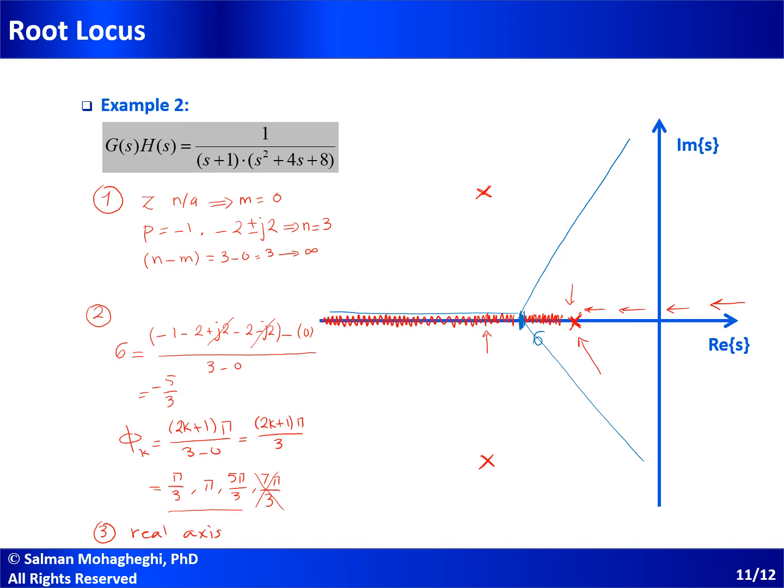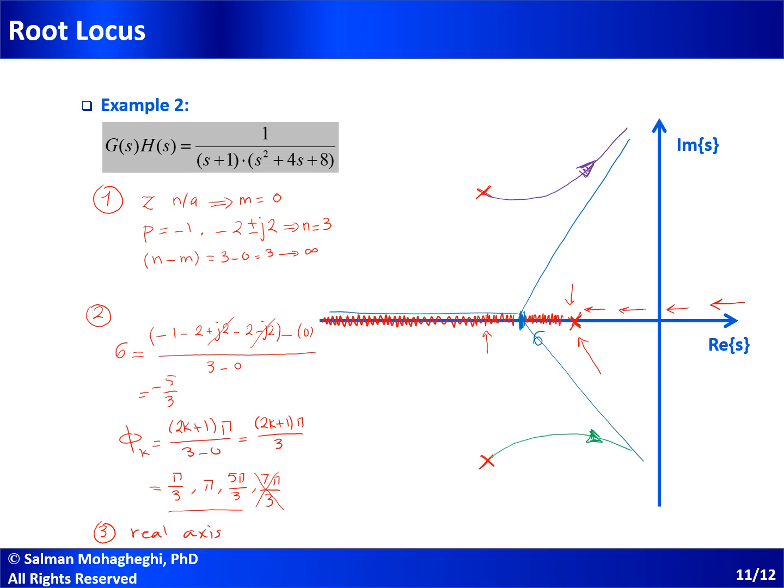The other 2 would have to go to infinity along the other asymptotes with 60 and minus 60 degree angles. So one of the poles will go to infinity like this, and the other one will go to infinity like this. And notice both of them are along the asymptotes.